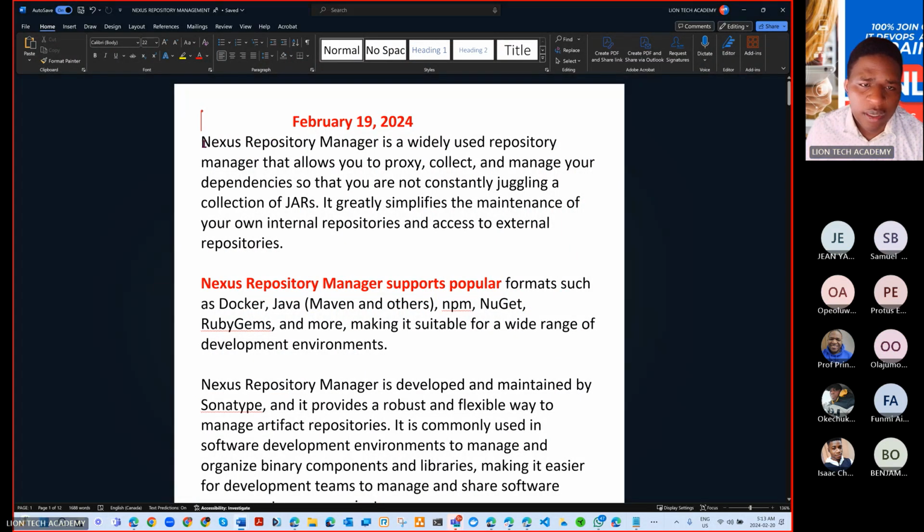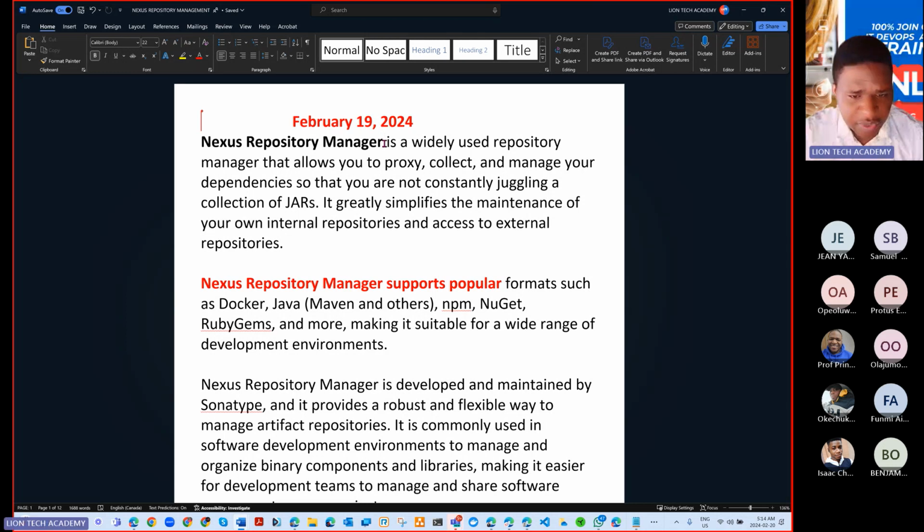What then is Nexus Repository Manager? In some cases, we just refer to it as Nexus. But rarely will you find a job description for DevOps that will not mention Artifactory Manager experience.